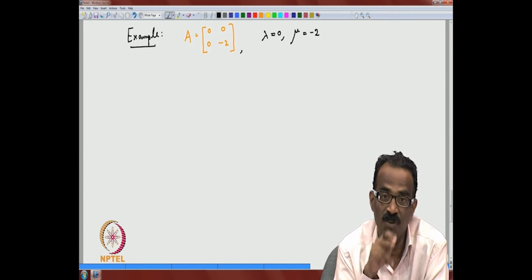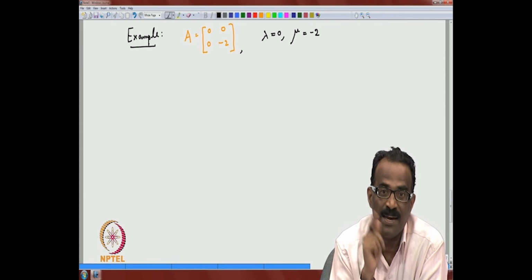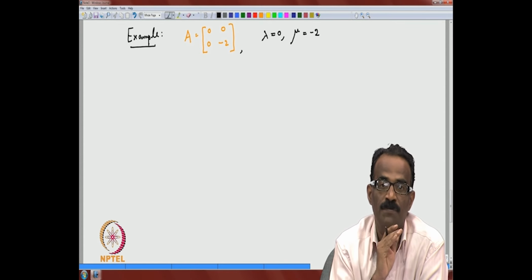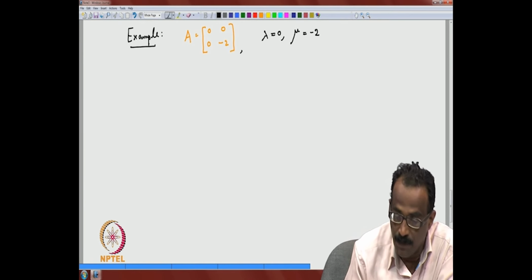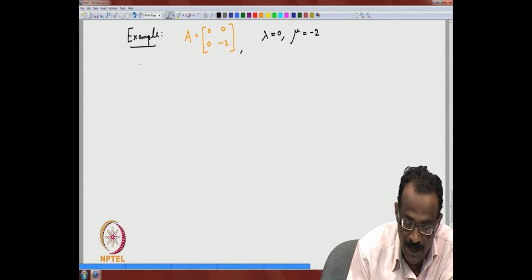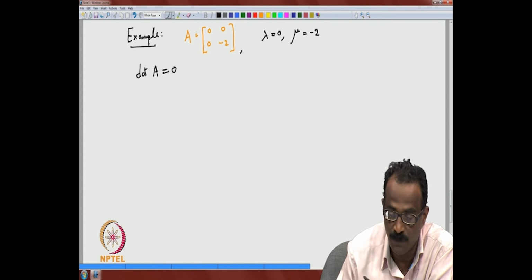But if A is invertible, the origin is the only equilibrium point, because the equilibrium points are given by Ax equal to 0. So, if invertible, only x equal to 0 is the solution, but here is a case where determinant of A is equal to 0.